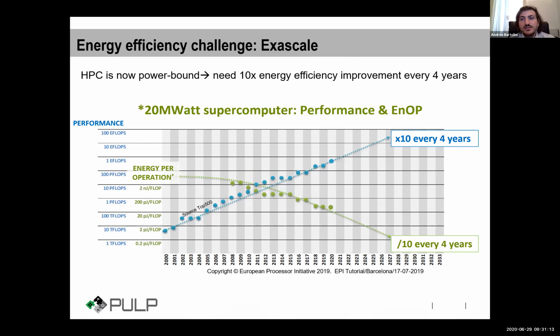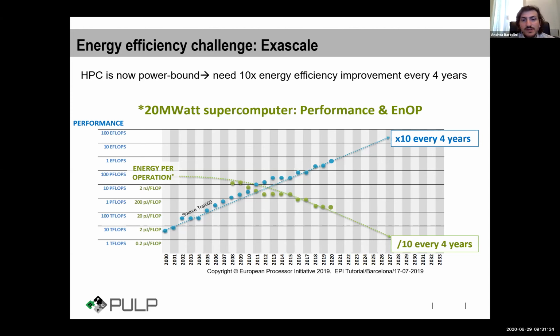I know that this slide is common to many of you, and it's good to remark that today high-performance computing systems are power-bound, and every 4 years there is a 10x energy efficiency improvement, which leads to an increase in performance.